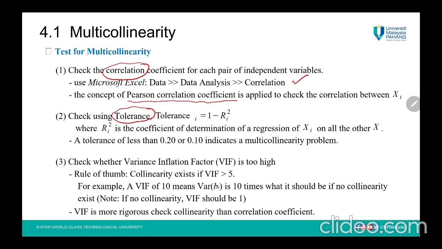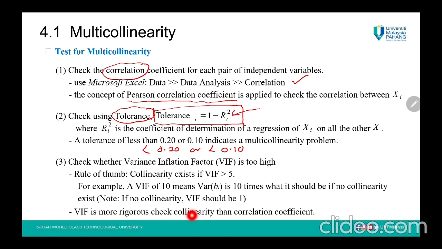The formula for tolerance is 1 minus Ri squared, where Ri squared here is the coefficient of determination of a regression of xi on all the other x. A tolerance of less than 0.20 or less than 0.10 indicates a multicollinearity problem in the regression model.